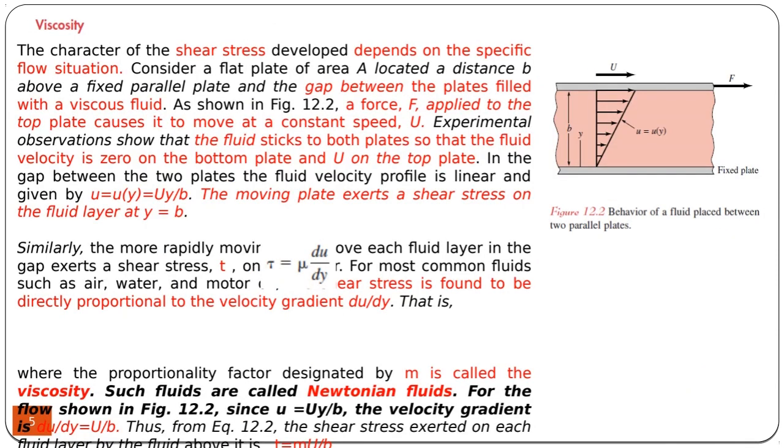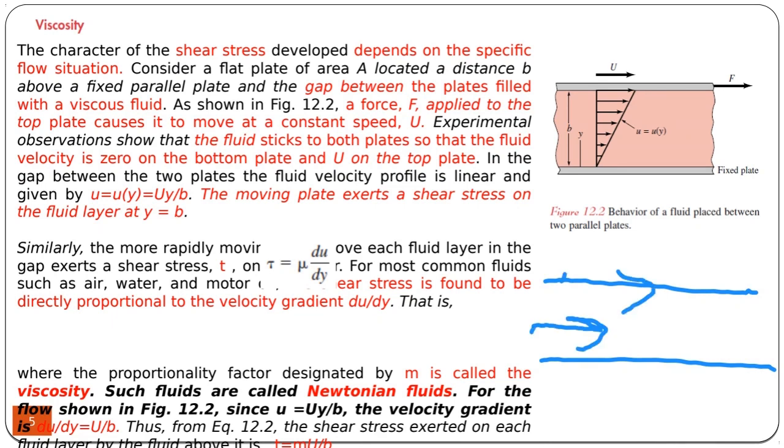Once a motion starts, I already said that a shear stress will develop. Suppose that we are given two parallel plates like this. The parallel plates are very close to each other, and in between there is a flow. So if the upper plate is being moved, what happens? We have a bottom plate which is stationary, then there is a top plate, and in between there is a fluid.